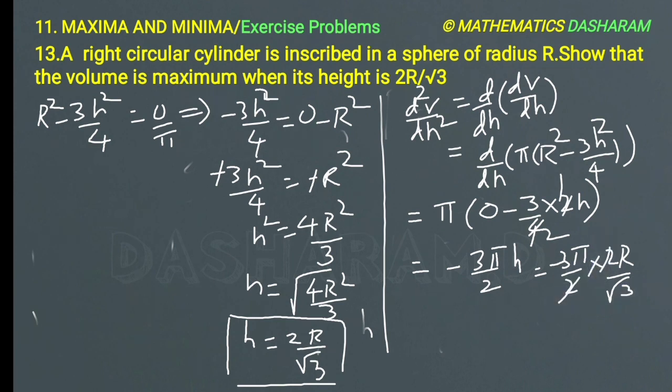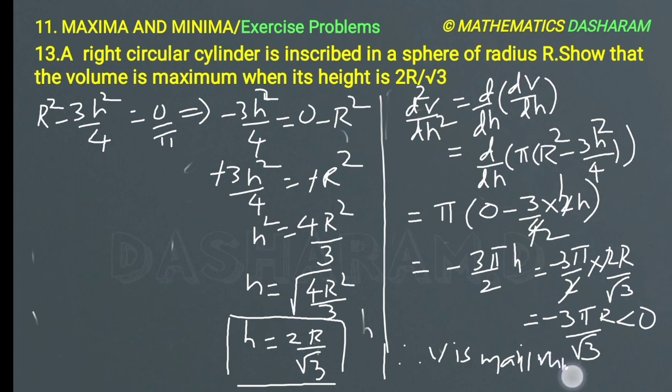Here the 2 cancels, so it equals minus 3 pi R by root 3. See, it is a negative answer, because the minus symbol is there, so it is less than 0. Therefore the volume of the cylinder V is maximum at h equals 2R by root 3.